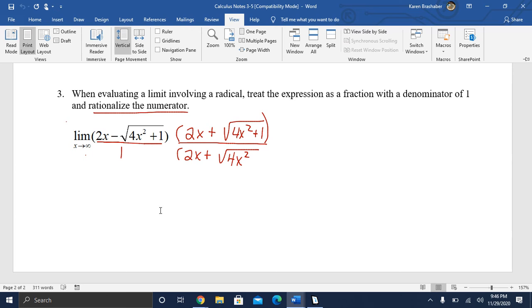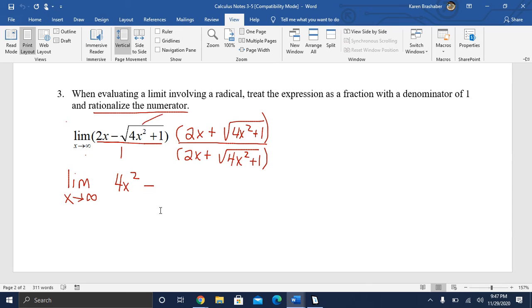This is only when you have a radical expression that is not a fraction. So we didn't have a fraction. We need to create one. So this will be the limit as x approaches infinity. And we can multiply together. We'll have 4x squared. And then if we multiply the middle terms, they'll have opposite signs and drop out.